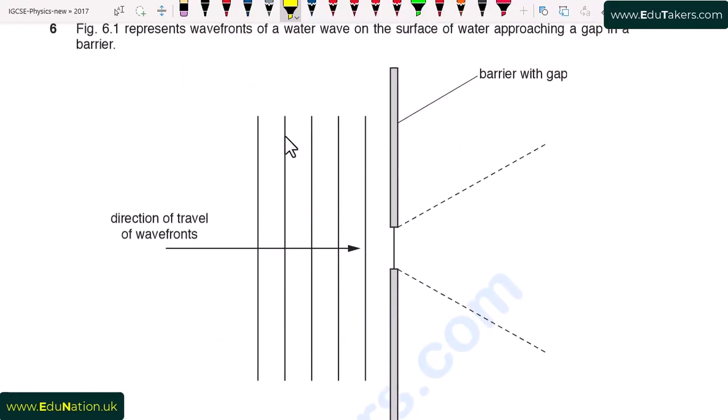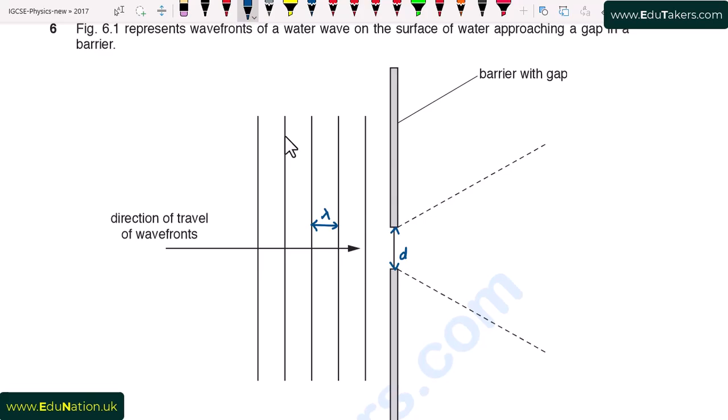So first of all, we can see here that the wavefronts are going towards the barrier and the distance between two wavefronts is basically equal to the wavelength. And the separation between these two barriers, I suppose that it is d. So first of all, I measure the wavelength and separation.